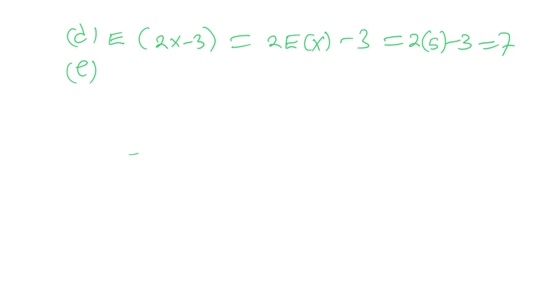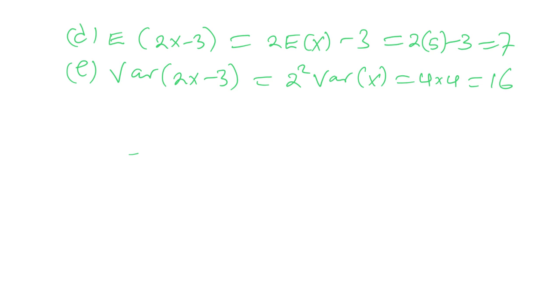Now, what is the variance of 2x minus 3? This is going to be 2 squared times the variance of x. And 2 squared is 4. The variance is also 4, so the answer is 16. So ladies and gentlemen, we have solved it using just those simple results relating to variance of a random variable.